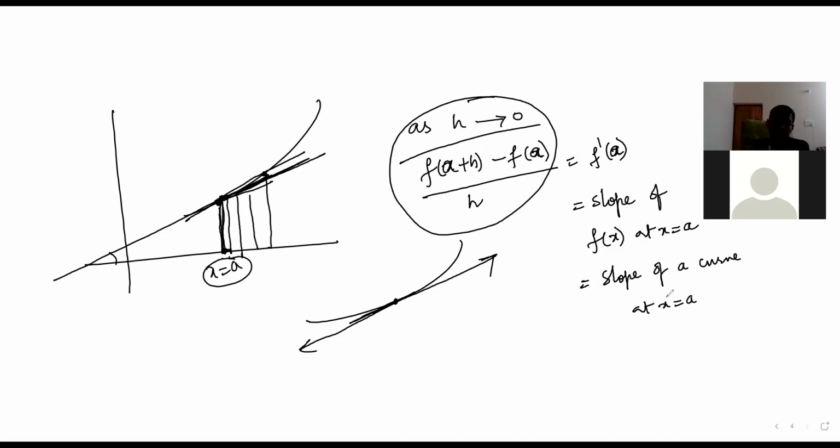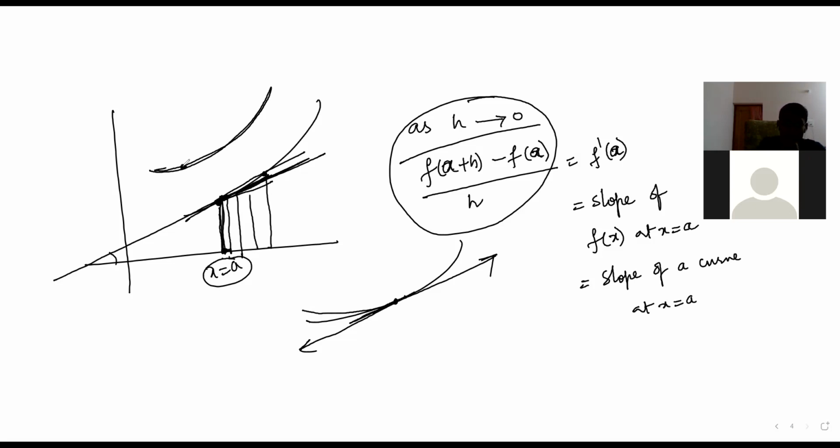Okay, now see, what is the purpose? Let's say the curve is like this. Now I'm drawing another curve, like this.